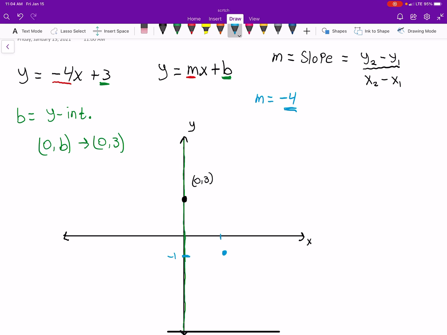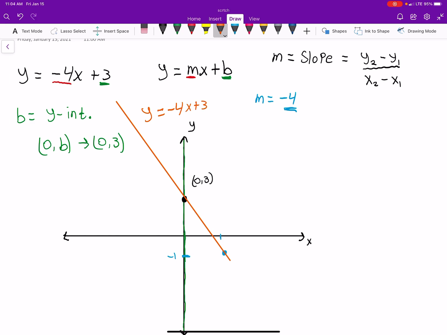Okay? So I'll make it orange. I want a straight line going from here through here. So your graph is going to look something like this. And this orange bit here is the graph y equals minus 4x plus 3.